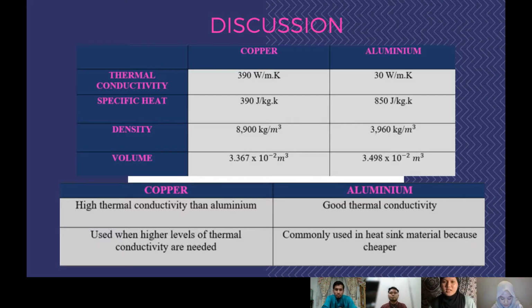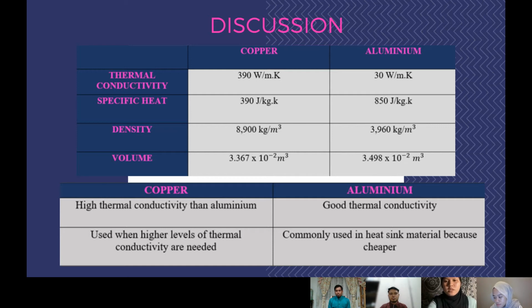Hi, my name is Nurfara Fariza and I'm going to talk about the discussion based on the simulation result. As you can see in the table, we selected two types of material. Design 1 is aluminium and design 2 is copper. For design 1, aluminium, thermal conductivity is 30 watt per meter Kelvin, specific heat 850 joule per kilogram Kelvin, and density 3,960 kilogram per meter cube.